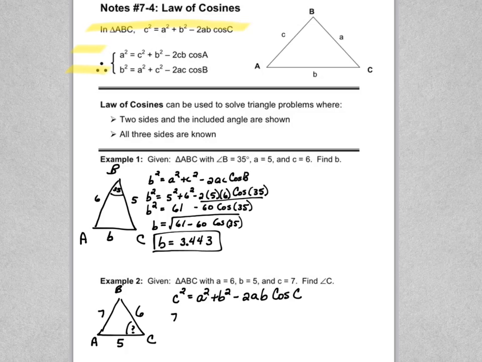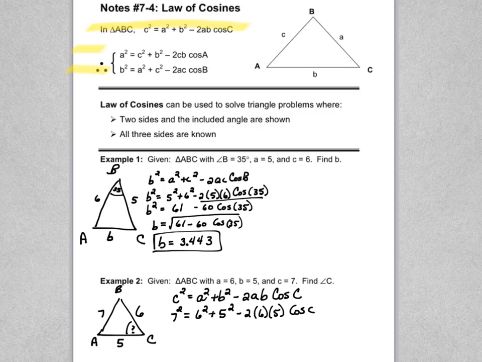So C is 7, so that's 7 squared is equal to 6 squared plus B squared, B is 5, so that's 5 squared, minus 2 times 6 times 5 times the cosine of C.